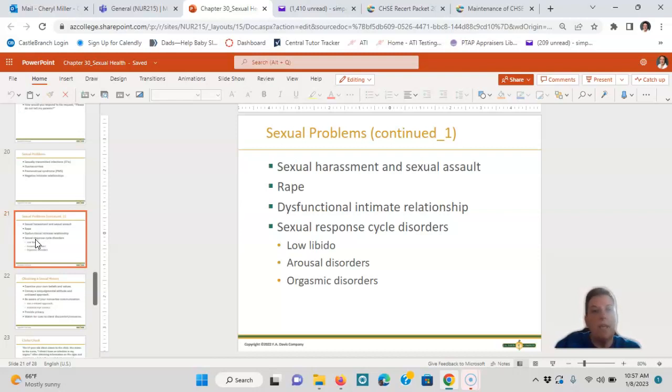So, especially in the case of rape, you want to be really careful. That's a typical NCLEX question. And you have to remember that in the case of rape, you need to tell them not to wash and to come in right away. So they would probably be a first line callback. Most people, when they have been raped, are thinking that people are going to be judgmental.